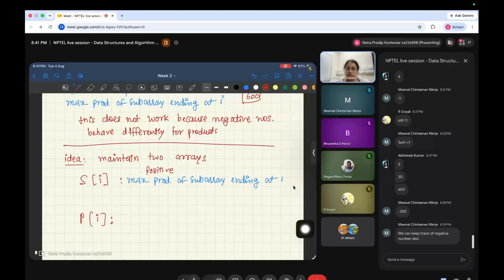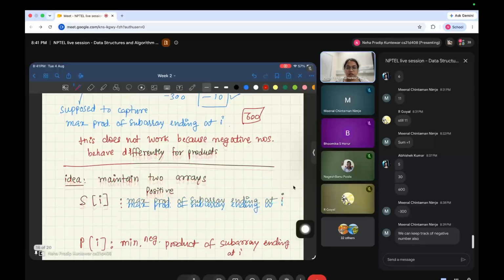And by P of I, we want to capture the minimum negative product of subarray ending at I.